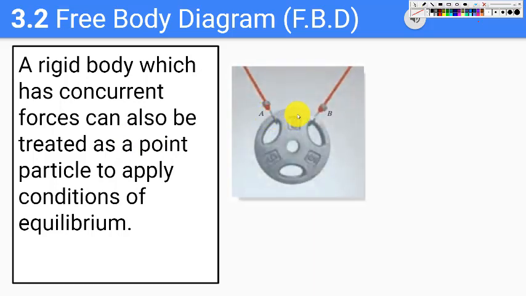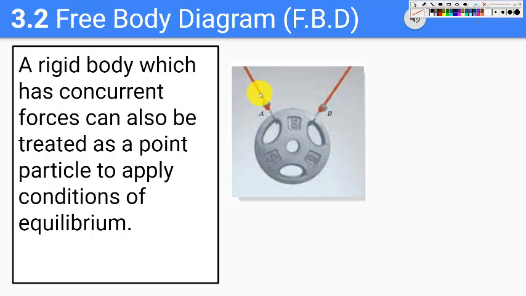So let's look at this example here. We have this disc which has two hooks connected to it. How many forces would be acting on this disc? First of all, there would be the force of gravity, and there would be a force due to this string, and a force due to this string.